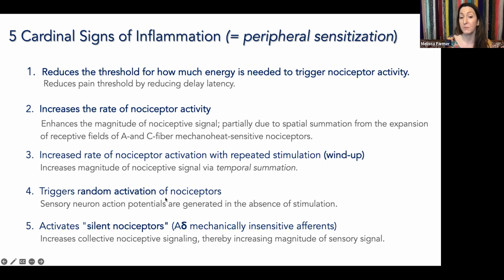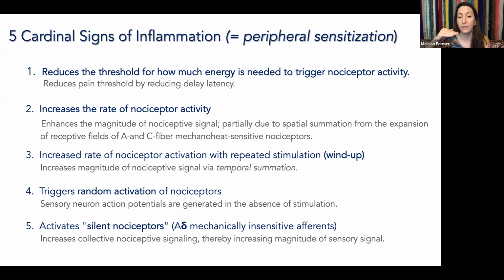It also triggers random activation of nociceptors, which is the least understood of all of these things. It's called ectopic firing. And it just means that nothing is touching a nerve. It just starts to fire out of nowhere. And so this also has similarities with some types of neuropathic pain and neuropathic symptoms, where you're just sitting and all of a sudden there's a nociceptor that just fires, or there's a sensation that just starts.